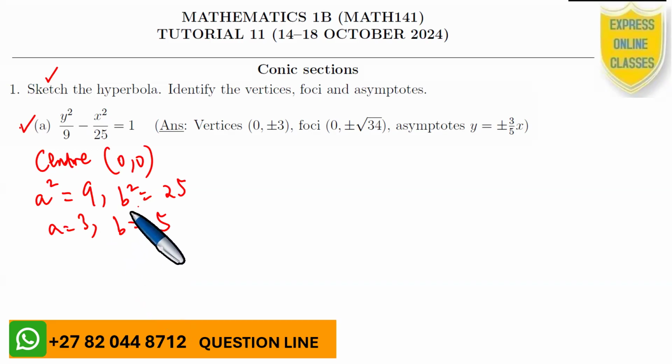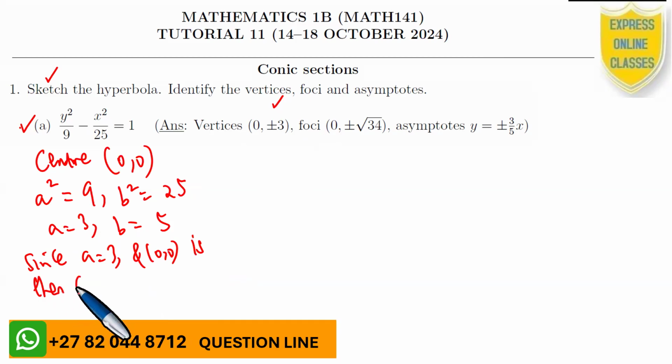If a is 3, it's going to help us get the vertices. I'm starting with this because it's relatable. We ended here yesterday. Then the center is transformed.